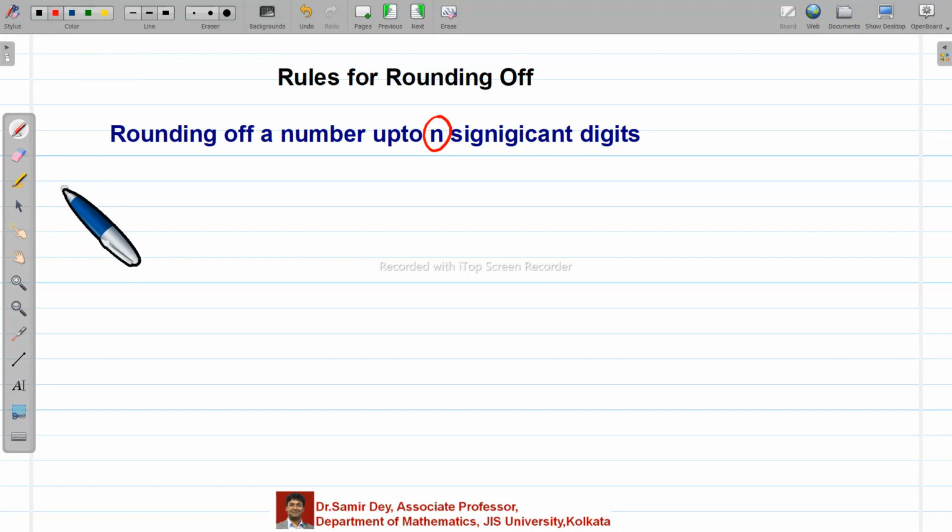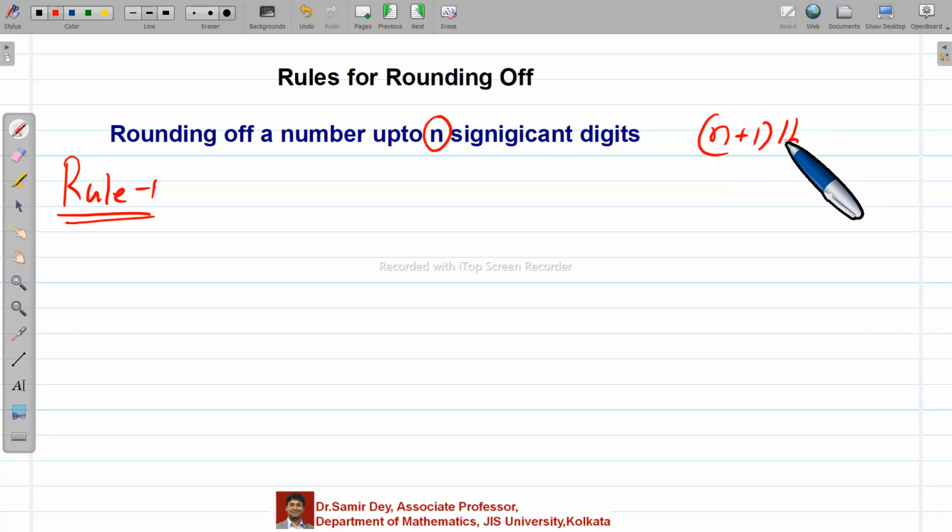Number one, please write down rule 1. What is that rule? First you need to check the n plus 1th digit. You need to check the n plus 1th digit.